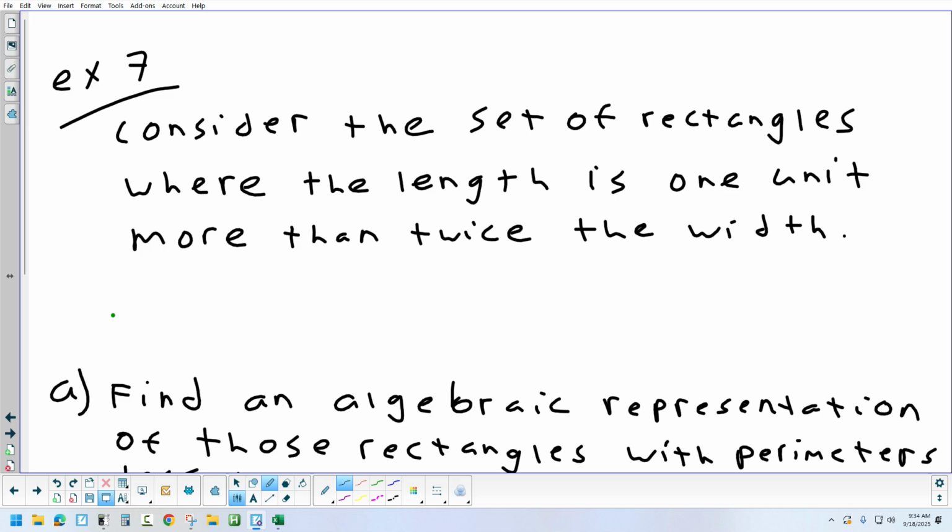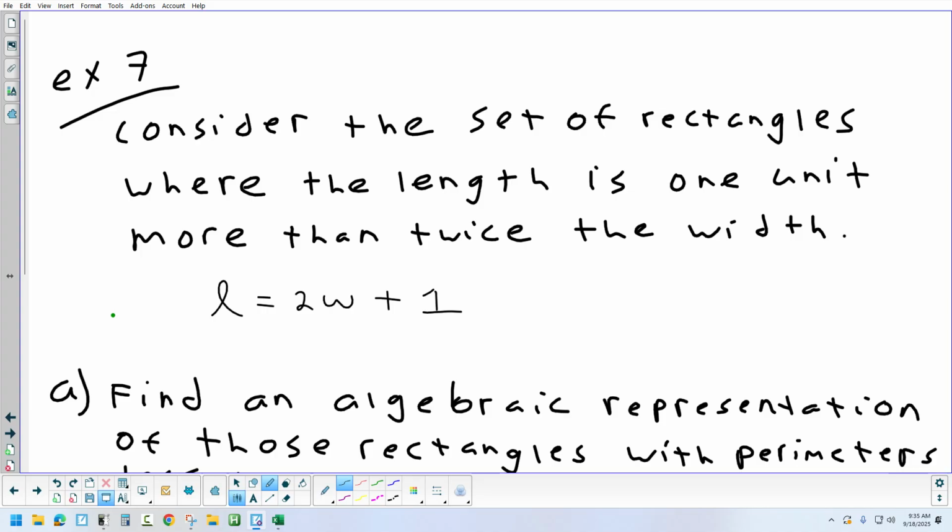How would you write that the length is 1 more than twice the width as an equation? Assuming that we're using L for length, L equals 2W plus 1.